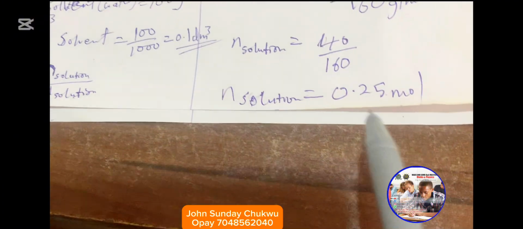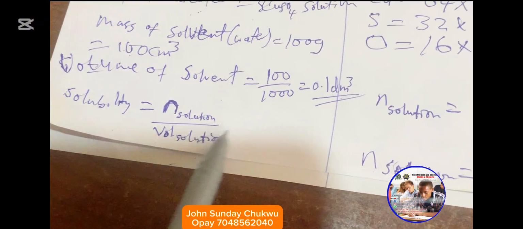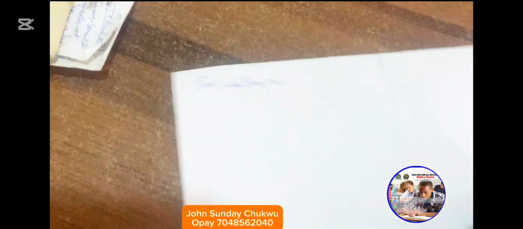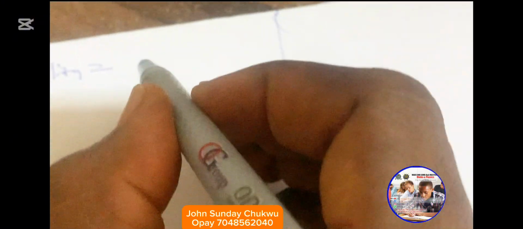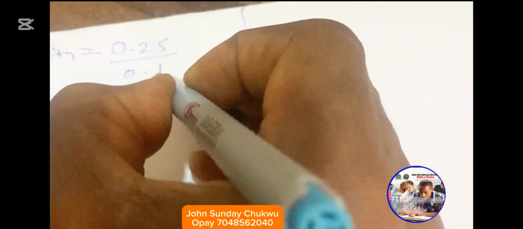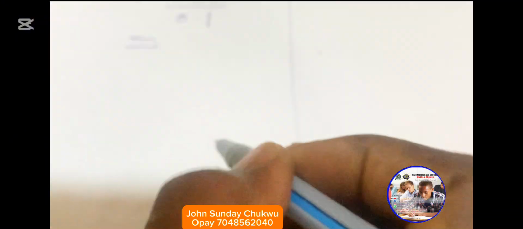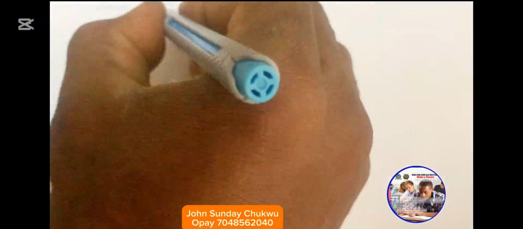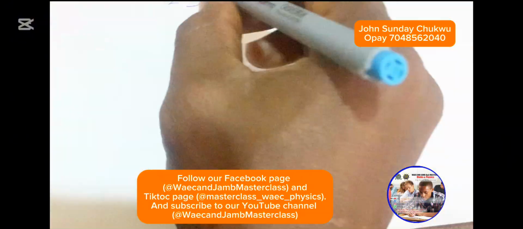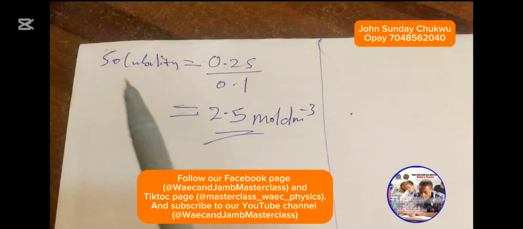Number of mole is 0.25, and volume of solution we got here as 0.1 dm cube. So 0.25 all over 0.1, and when you divide this, you are going to have 2.5 mole per dm cube.